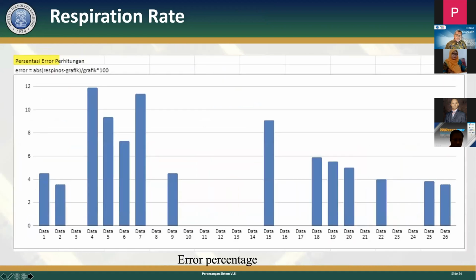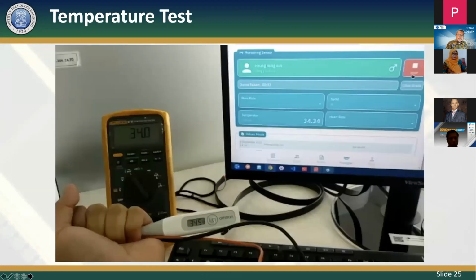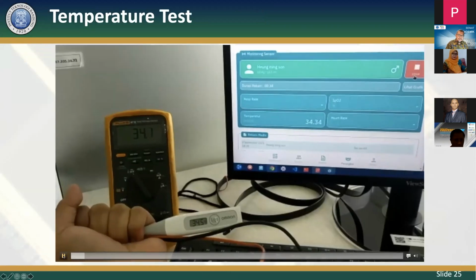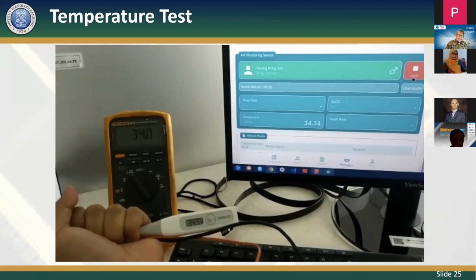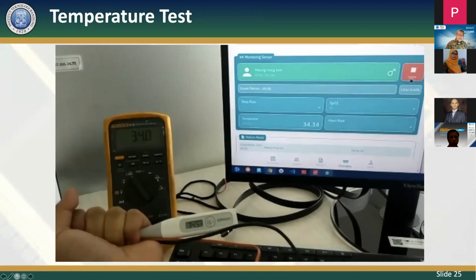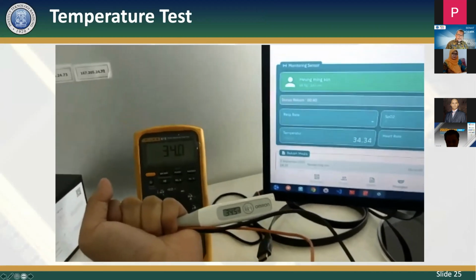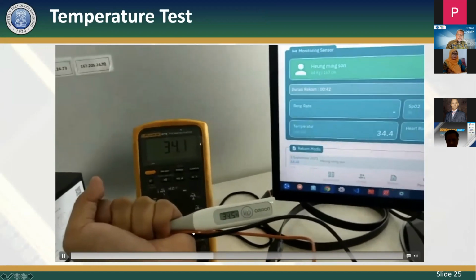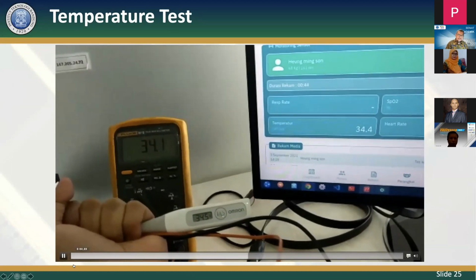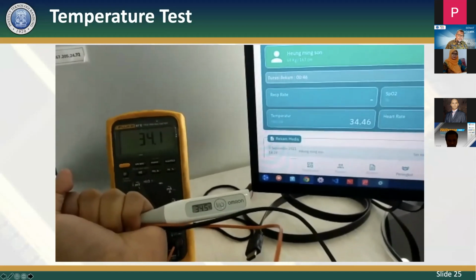So it seems is okay, and is the error percentage, and then for the temperature, we compare with commercial temperature quality with the flow and also with amulets. So it's sort of consistent output.